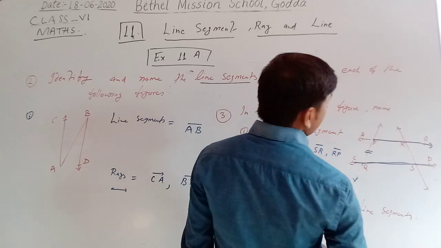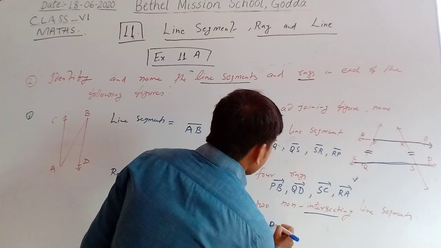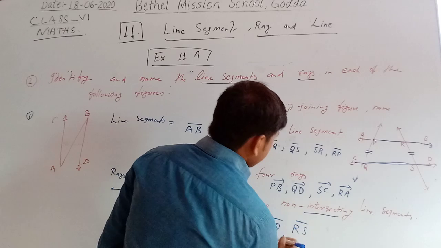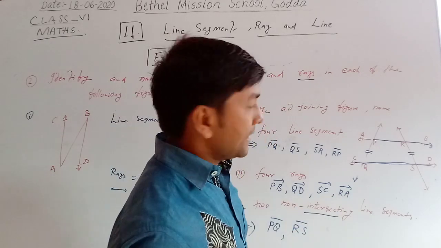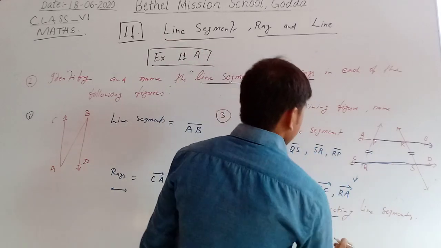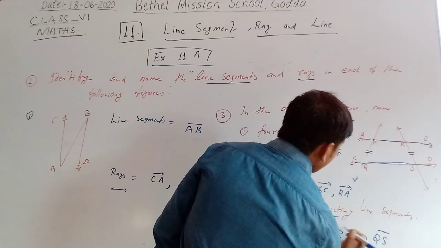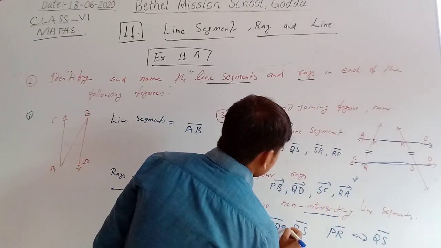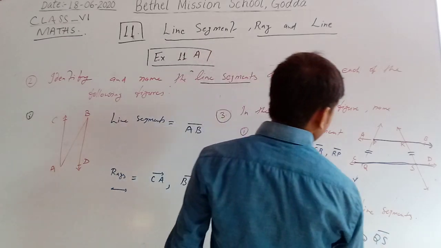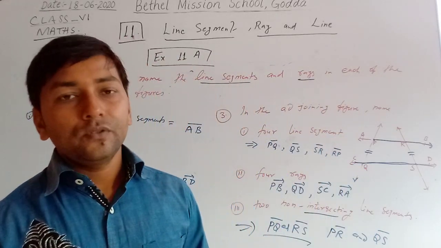These line segments PQ and RS do not cut. Two non-intersecting. If you want to write, then also PR and QS do not cut. You can put the and symbol. And PQ and RS do not cut, and PR and QS do not cut. Okay, I hope you got it.